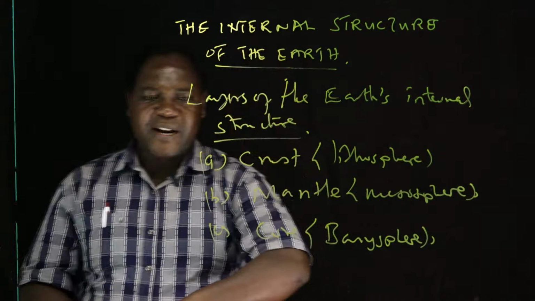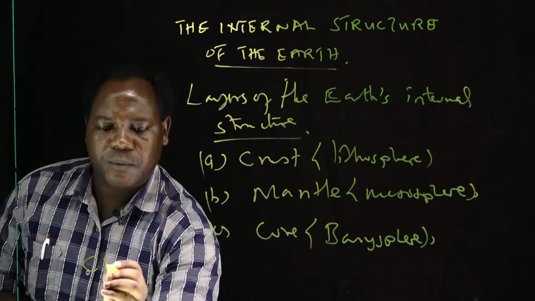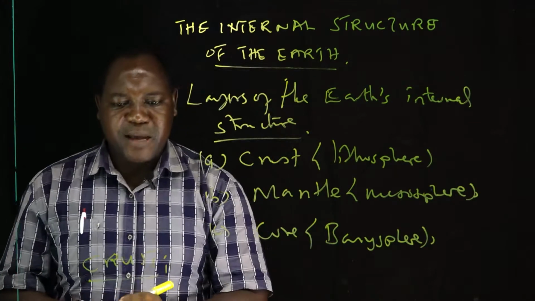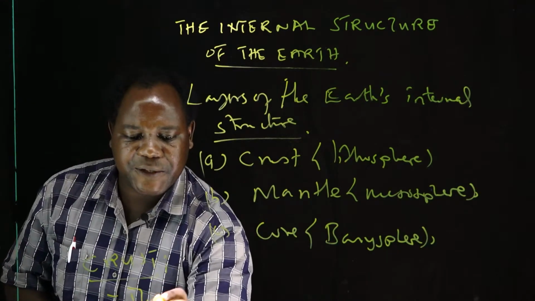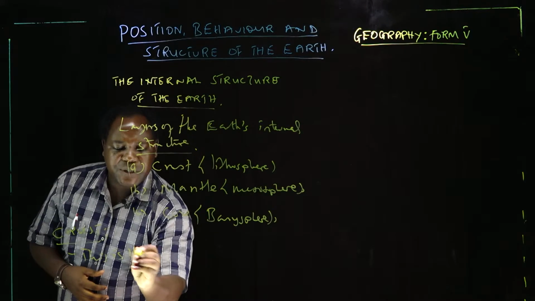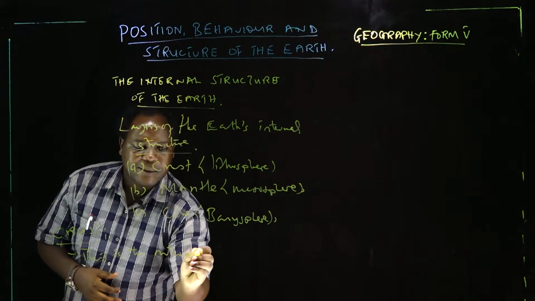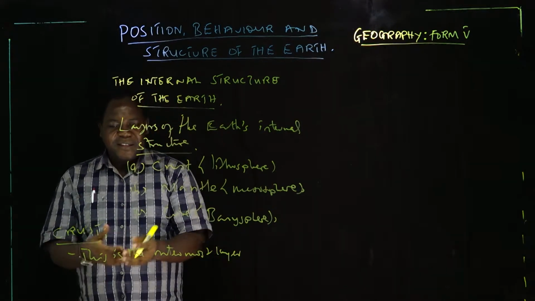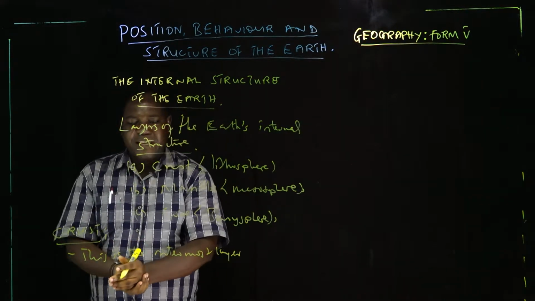To start with the crust. Some call this the outermost layer of the earth. This is where all activities are taking place.